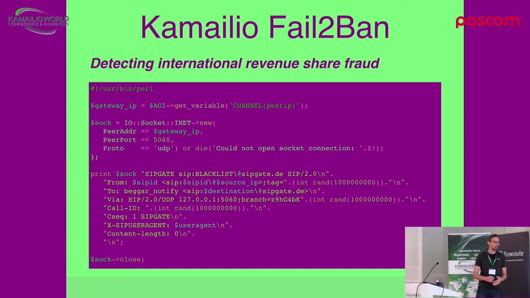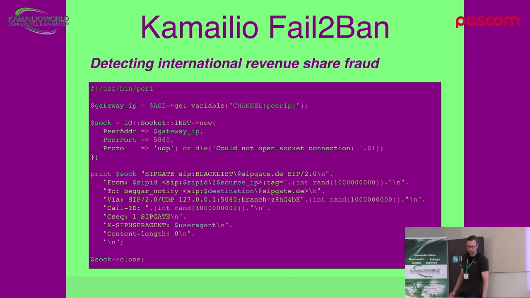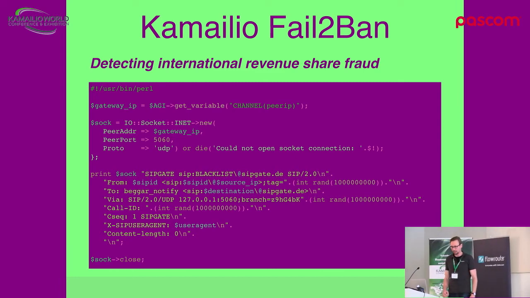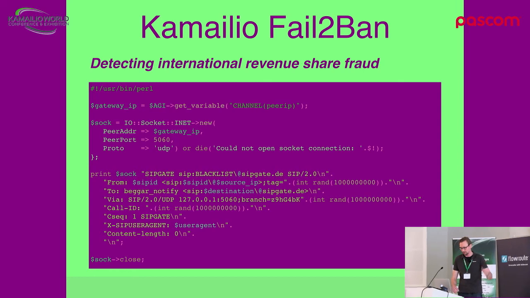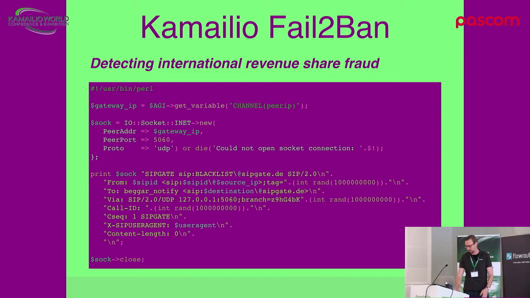And we use a custom method there. You see it's called Sipgate, and then we include some information like the customer username, the source IP address, and the destination that has been called. And then we just send out this packet to the proxy server as a fire and forget thing.